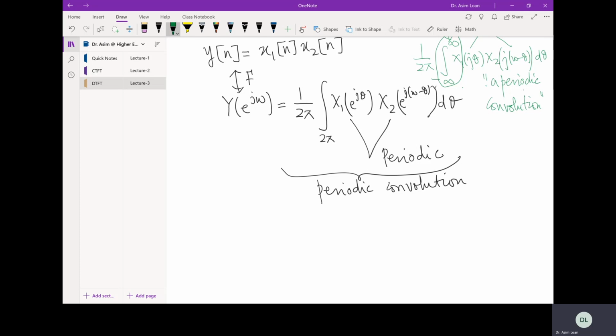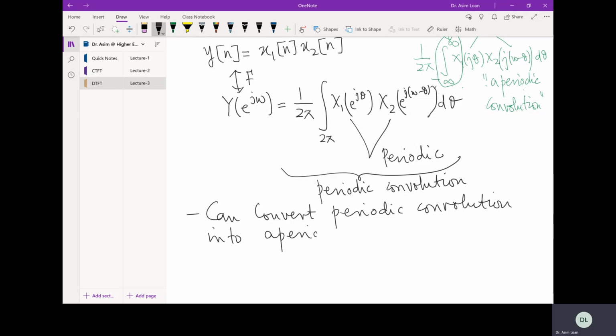Okay, good. So what we can do is convert periodic convolution into aperiodic convolution to make life easy. And how do we do that?